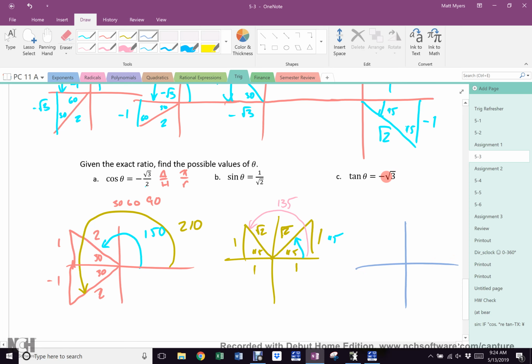And lastly, root 3. 30, 60, 90, 45, 45, 90. 30, 60, 90. Why is this one weird? What's its denominator? Automatically. 1. Tan is negative. Where must it be? Quadrant 2 or 4. Root 3 is the y or the x?